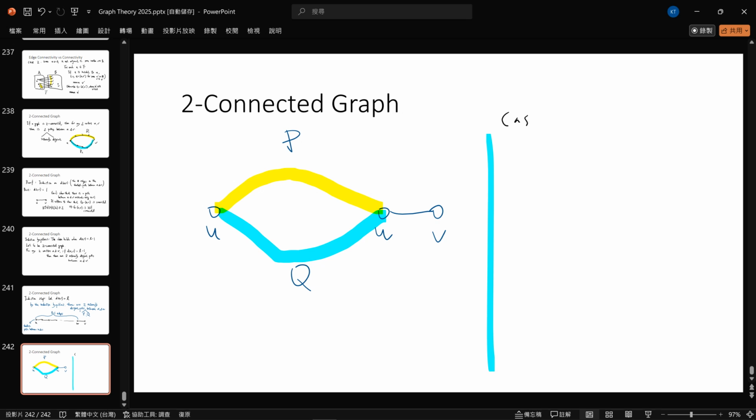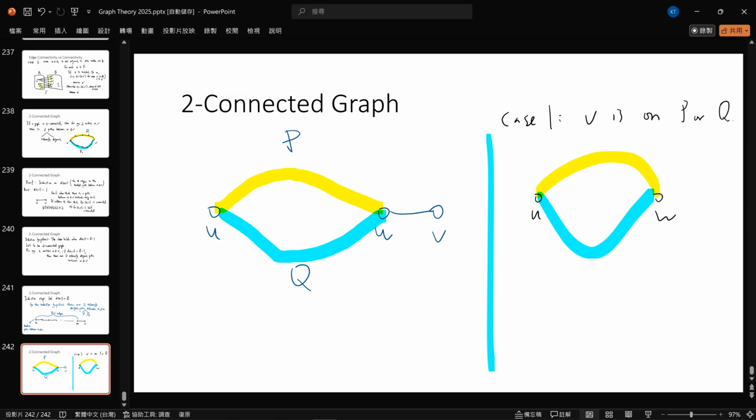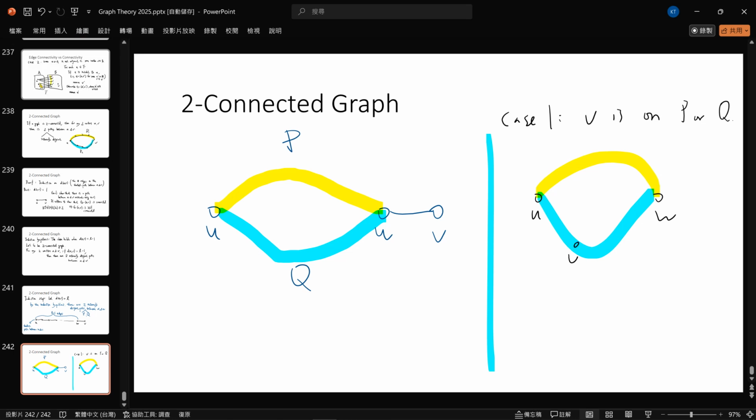The first case, which is an easier case, happens when V is on P or Q. So in other words, this is U, this is W, this is Q, and this is P, and V is part of these two paths. So this is case one.